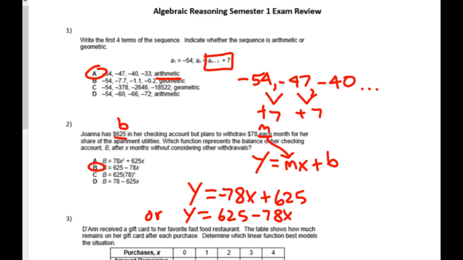Okay. Another thing you could have done was drawn a little table, and you could have had 0 is 625, and then you just keep subtracting 78.